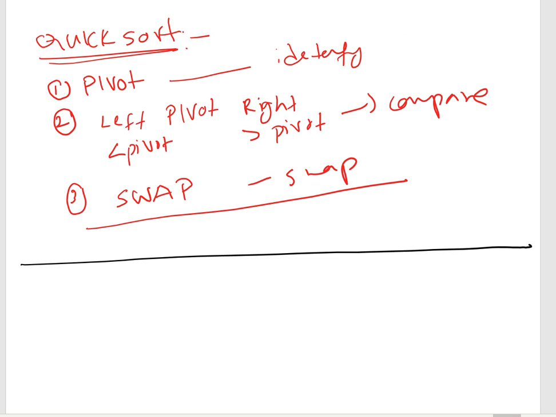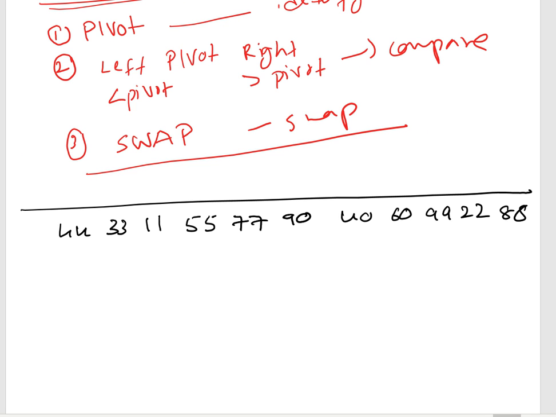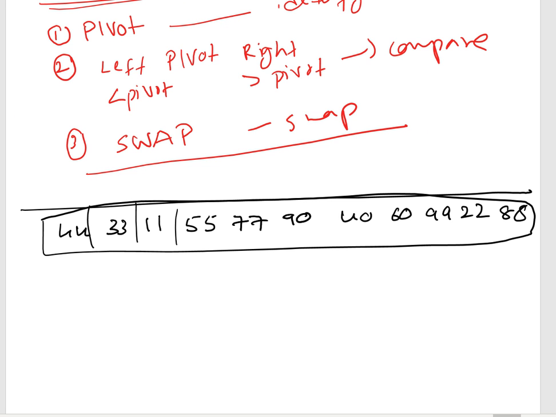The example I am considering is the elements 44, 33, 11, 55, 77, 90, 40, 60, 99, 22, 88.